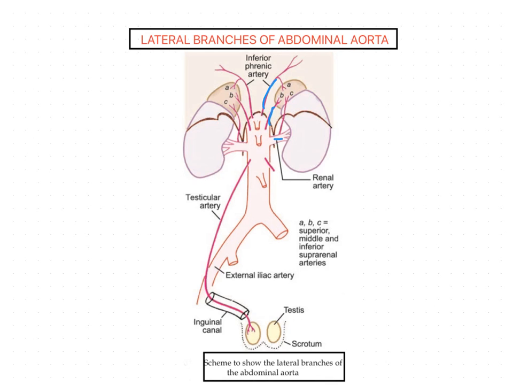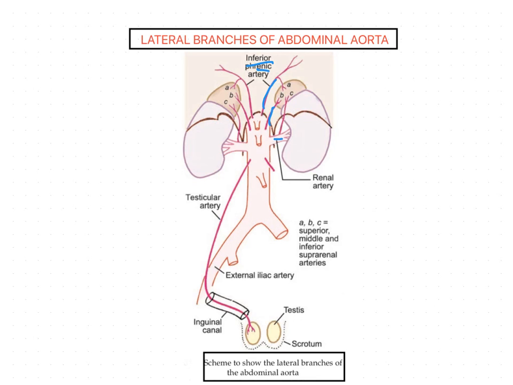And on the posterior side, we have 4 pairs of lumbar arteries that we have already discussed. Now we will see one by one the branches and the course of these lateral branches of the abdominal aorta. First, the inferior phrenic artery.